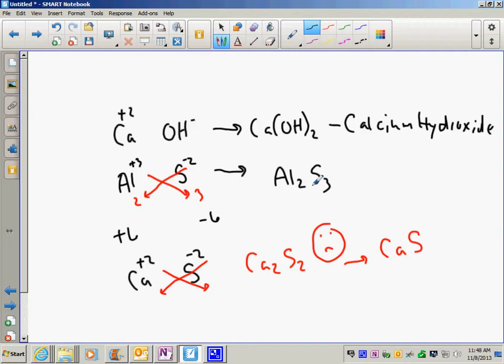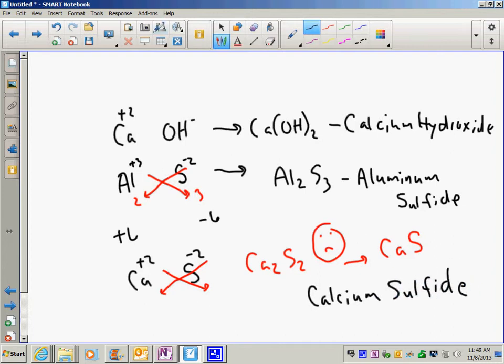This guy is just simply going to be aluminum sulfide. This is going to be just simply calcium sulfide.